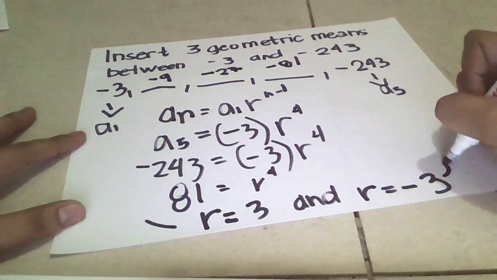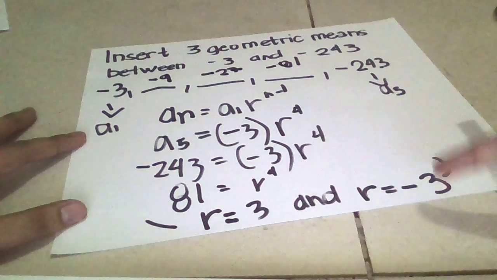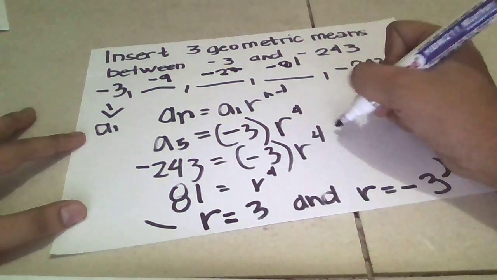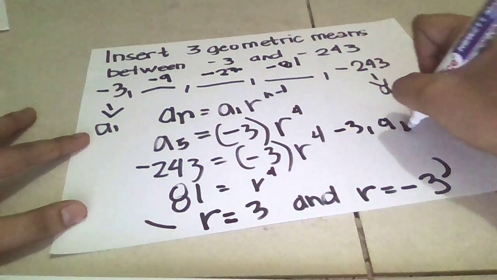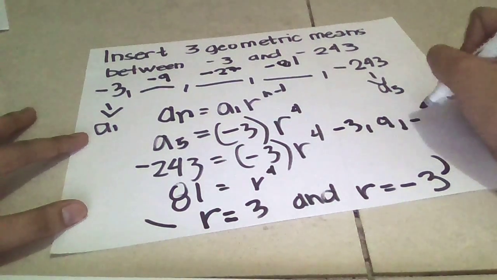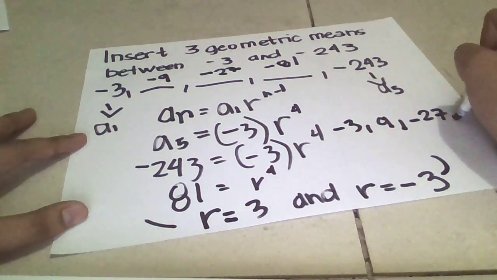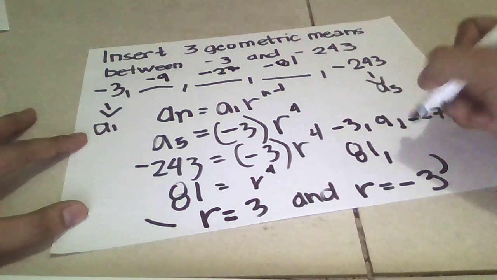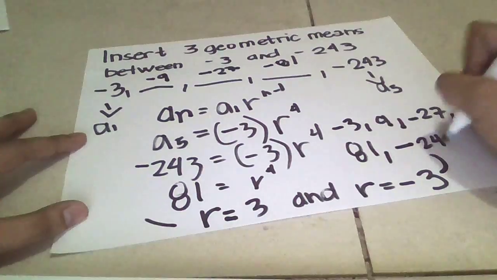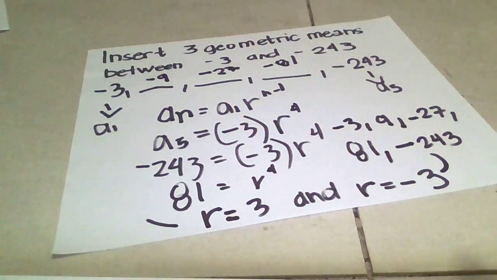And using r is equal to -3, you're gonna get -3, 9 multiplied by -3, -27, multiplied by -3, 81, multiplied by -3, 243. That's it.